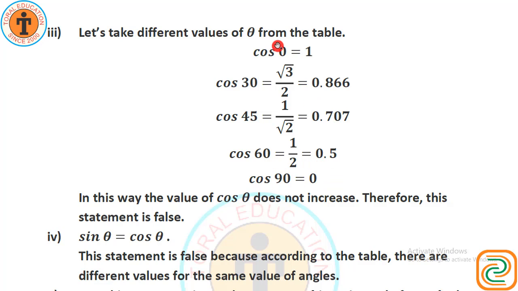You can see the theta increases, but the value decreases. 1, 0.866, 0.707, 0.50, right? In this way, the value of cos theta does not increase. Therefore, the statement is false.